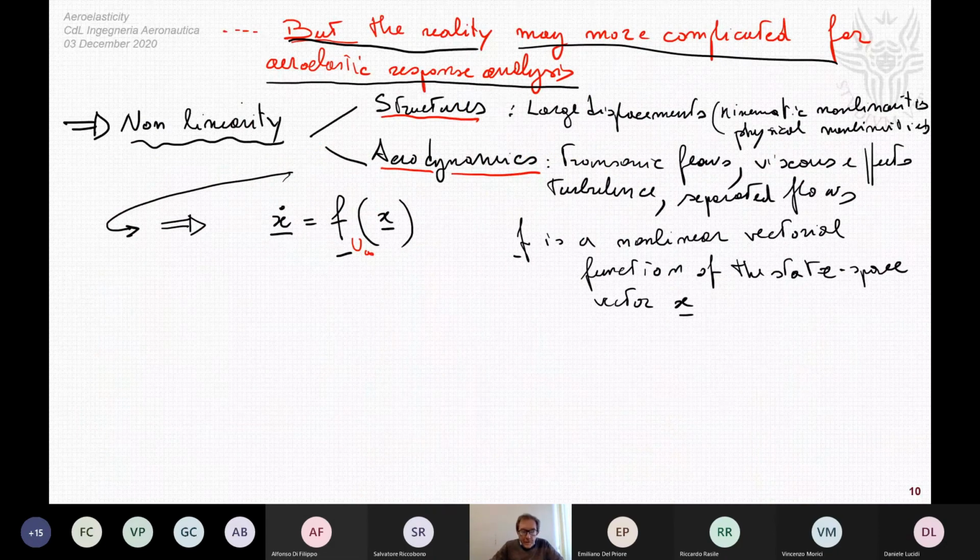When you have a nonlinear problem, it's always possible to find the steady solution.